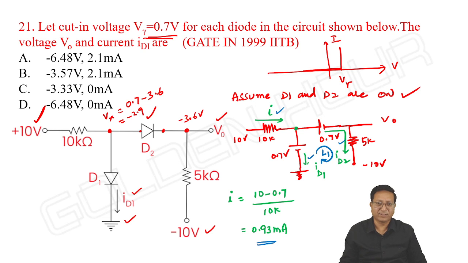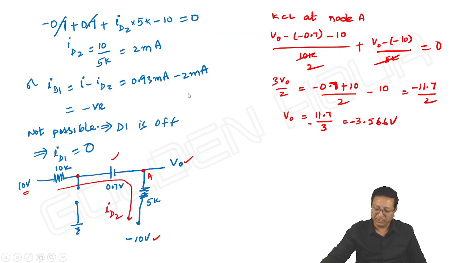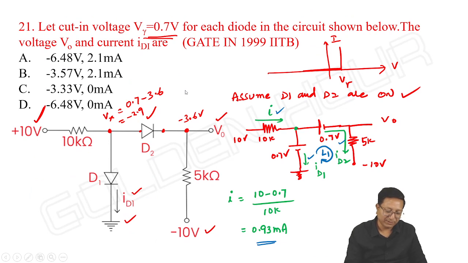What did they ask in this problem? ID1 is found to be 0 and V output is equal to minus 3.567. So actually there is a printing mistake in the options.